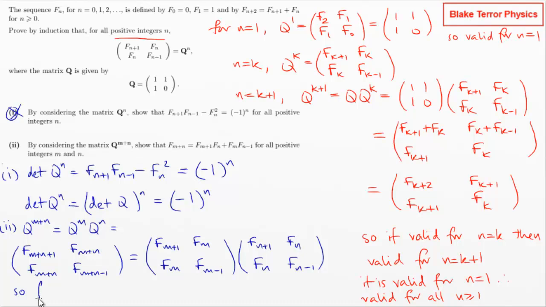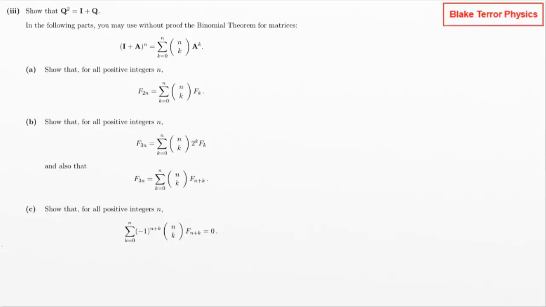Yeah, okay. So for the top right element, we've got F_{m+n} is F_{m+1}F_n plus F_m F_{n-1}. Okay, so that's dropped out as well. That's two bits done. There's a lot of bits in this part.